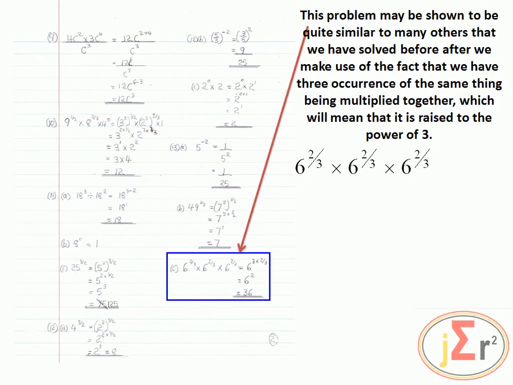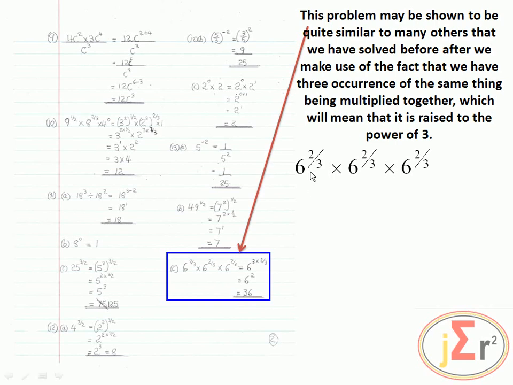This problem may be shown to be quite similar to many others that we have solved before, both in this tutorial and the other. So this one may be shown to be quite similar to many others that we have solved before, after we make use of the fact that we have 3 occurrences of the same thing being multiplied together, which will mean that it is raised to the power of 3.